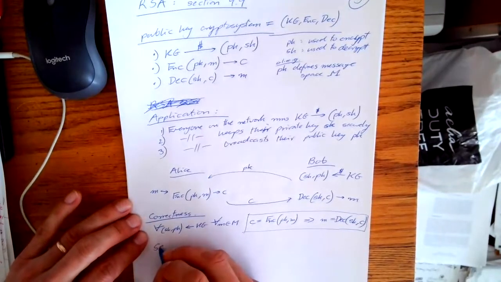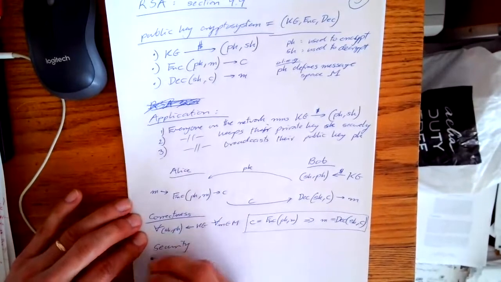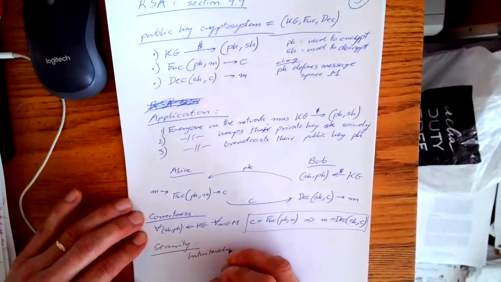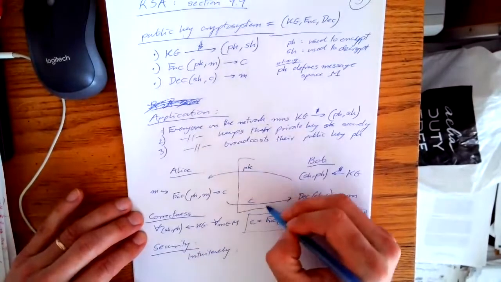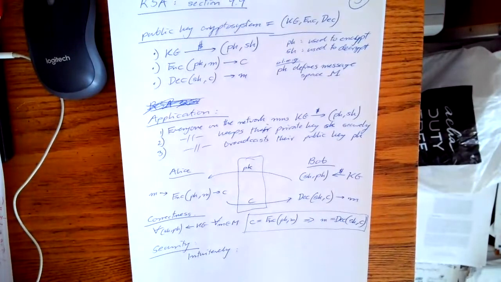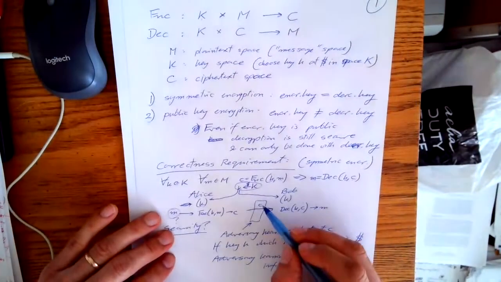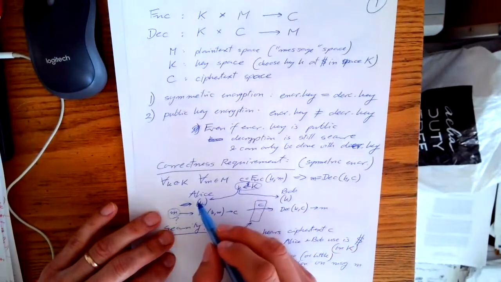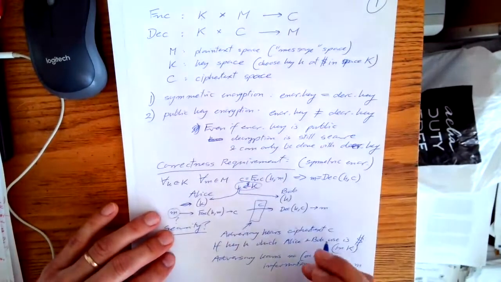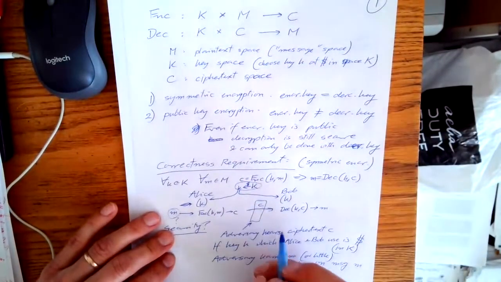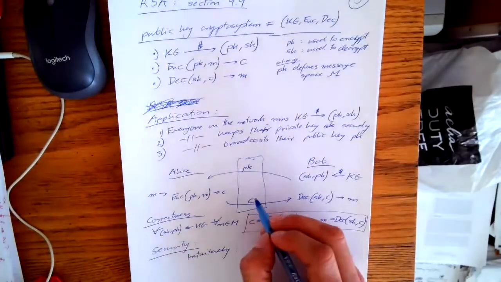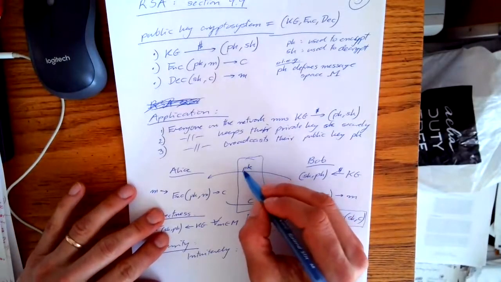Now, what about security? Well, that's a little more complex, right? But intuitively, what's the difference? The difference is that in the symmetric key example, we said the adversary just had no information about this key. It was distributed between Alice and Bob behind the curtain, and the only thing he sees is the ciphertext. Here, in addition to the ciphertext, he sees the public key.